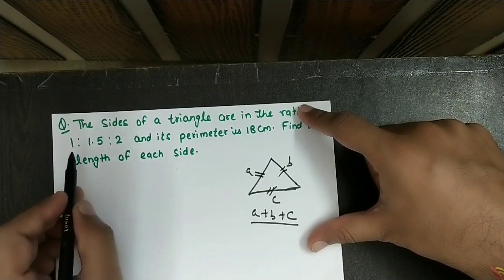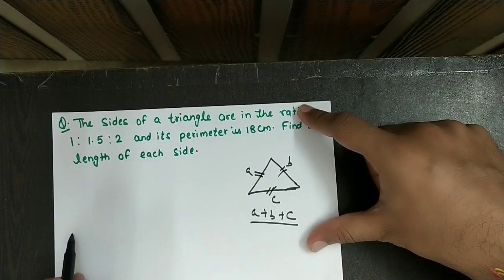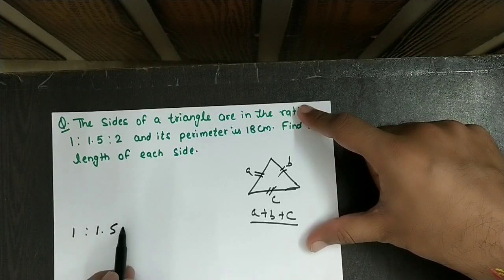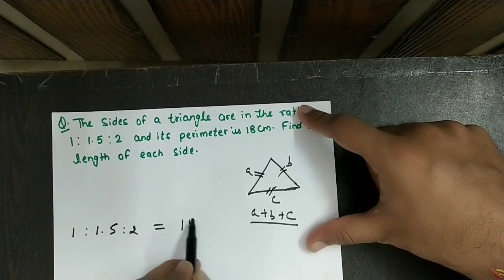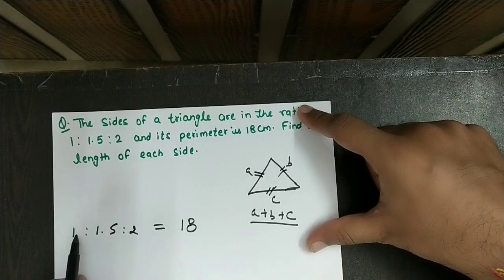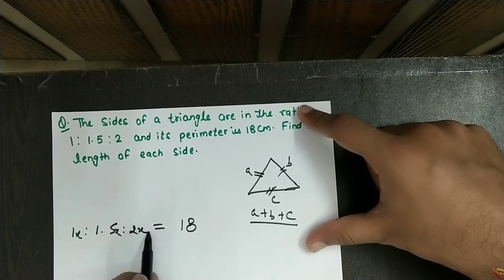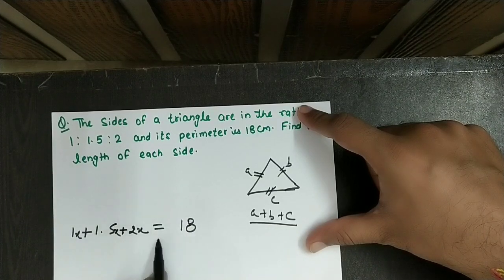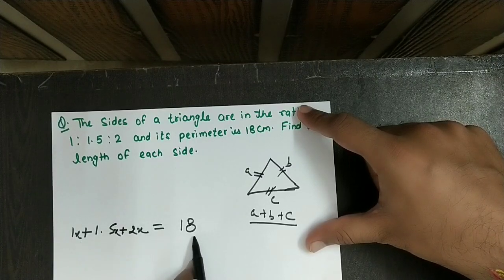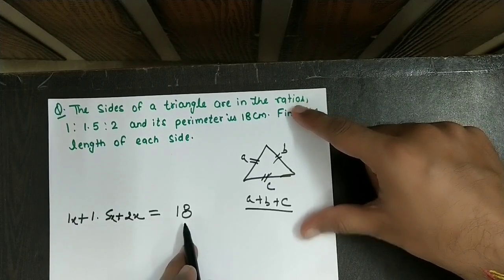So, for this what we will do is take these as 1x, 1.5x, 2x, and add all three sides, keeping a variable x, which will give the result of 18.